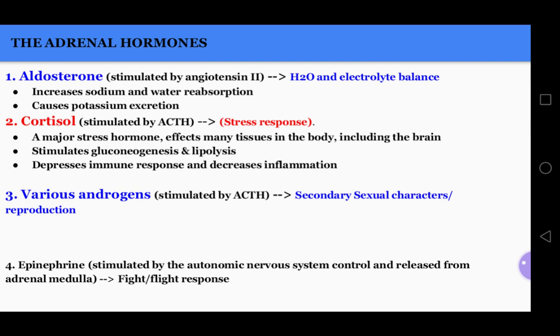These are produced in response to stimuli from the autonomic nervous system, and these are released from the adrenal medulla and help in the fight or flight response.